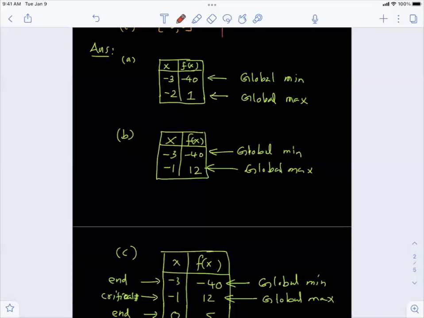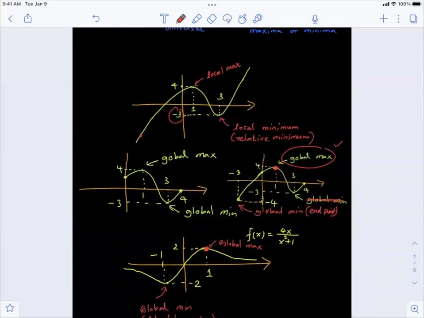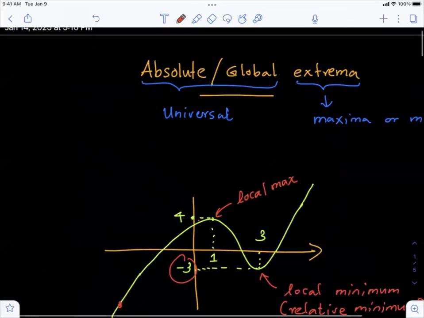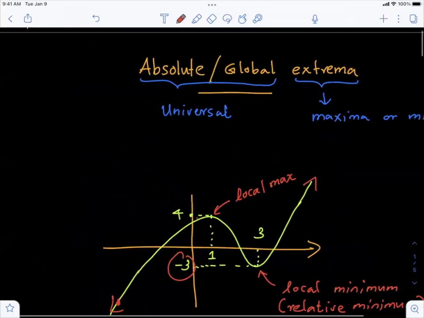If we go back to the very first illustration that we had right here, since we do not have a bound for this function, there is no hope for global extrema, because always in the right end, the function will be rising. So there will be no global maximum and no global minimum as far as they continue from each end.